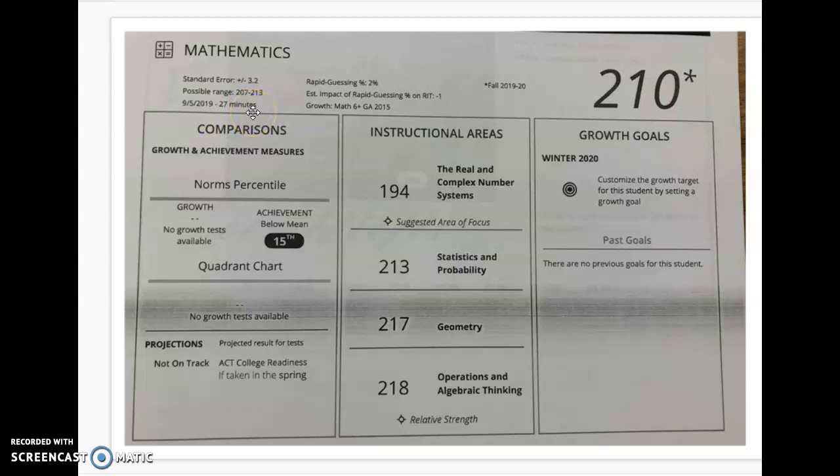And you have a possible score range between 207 and 213 with a score of 210. The MAP program looks at rapid guessing, whether or not you're just clicking answers. Are you Christmas treeing the test? There was about 2% for this student, and that has a really small effect size of -1 on their overall score.